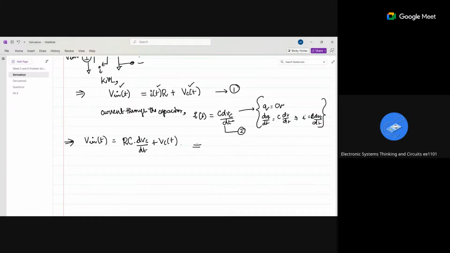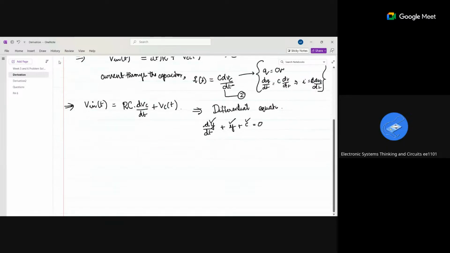So this is a differential equation. There is a differential term of some parameter and Vc of t plus, since V in of t is not dependent on Vc, this Vc parameter I will take as a constant. So there is a dy by dt term, a y term and a constant term.